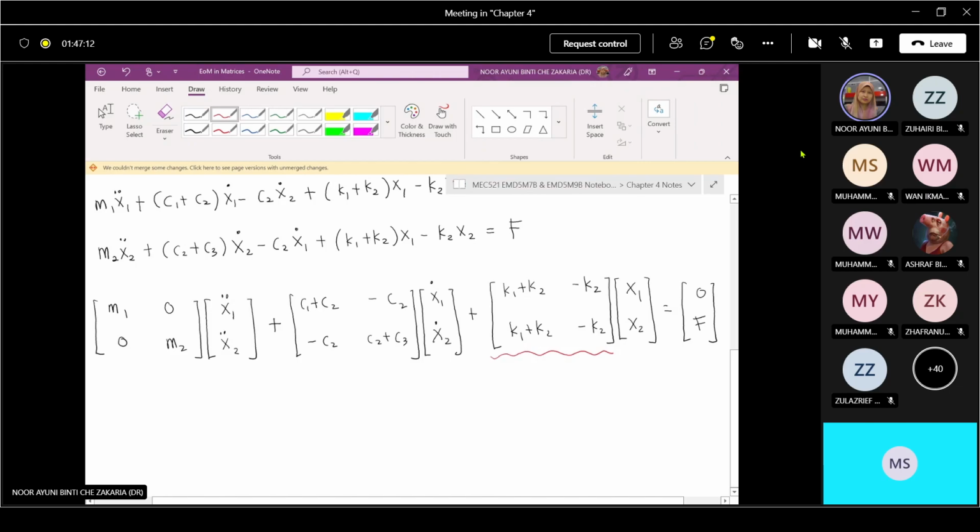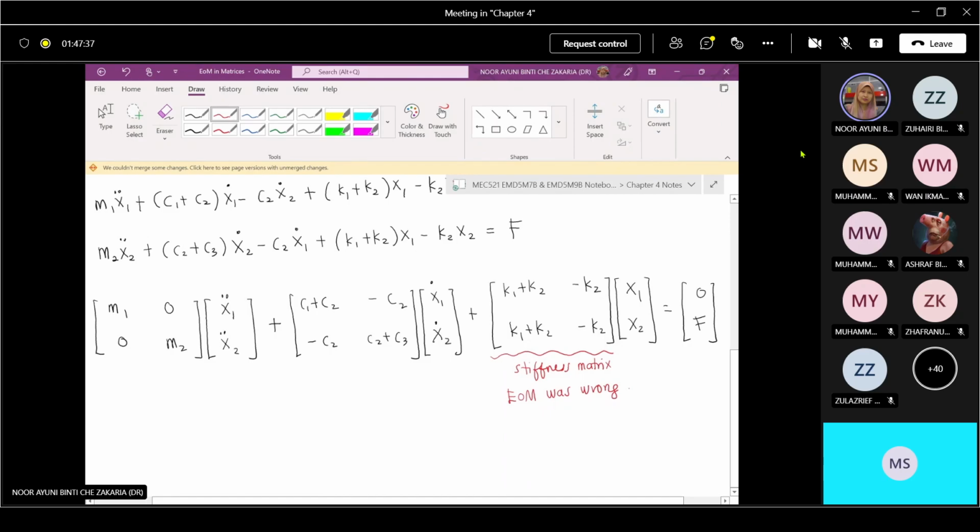Looking at this stiffness matrix, the equation of motion was wrong. Okay.